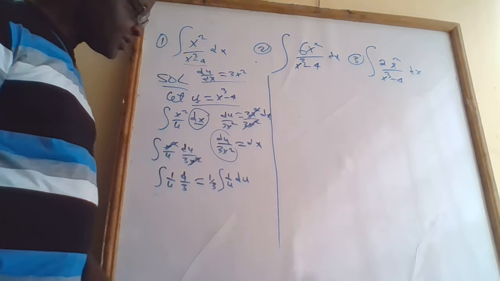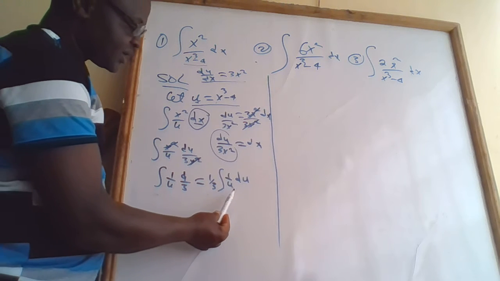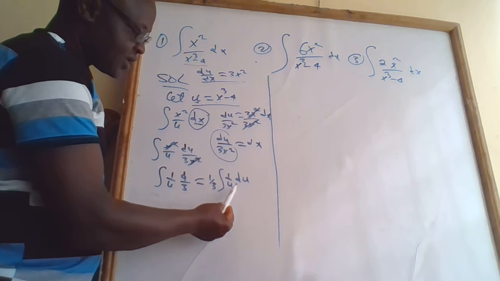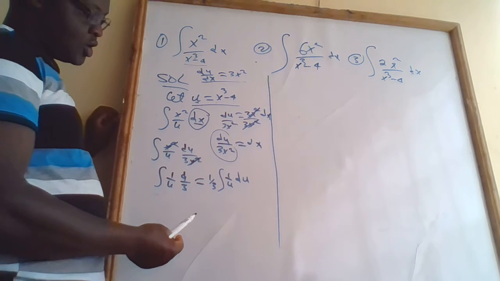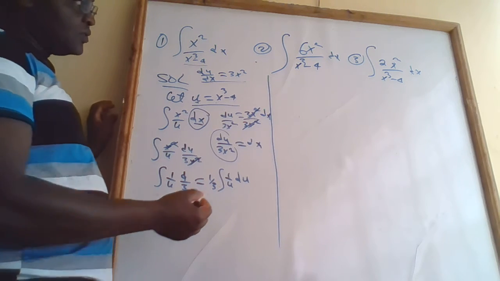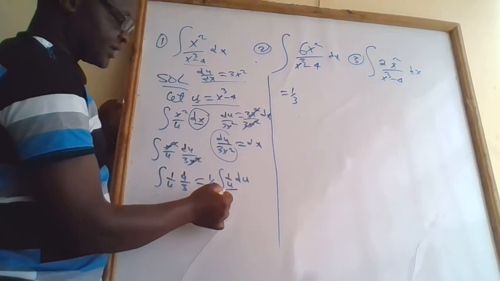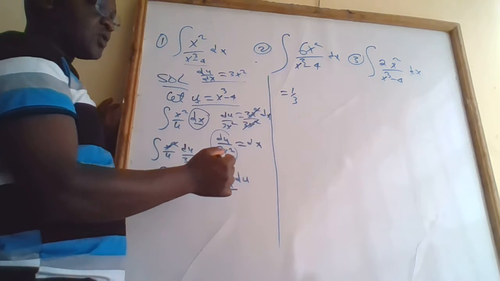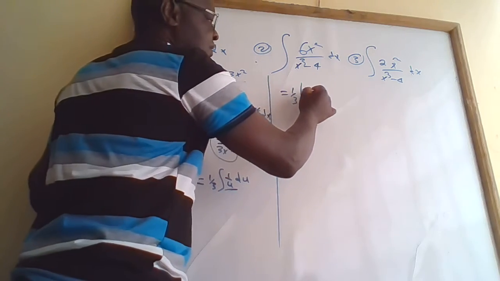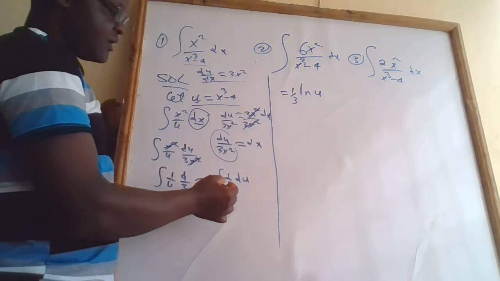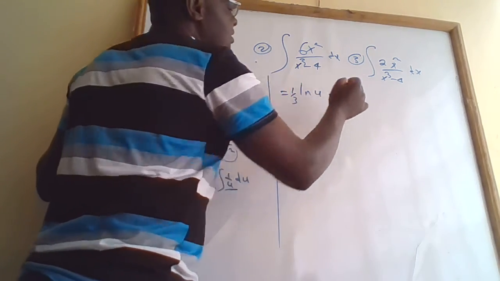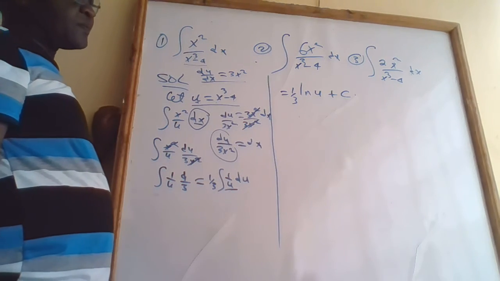Now from this we can integrate 1 over u. So when you integrate 1 over u, you get the natural logarithm, which is ln of u, then plus a constant of integration.